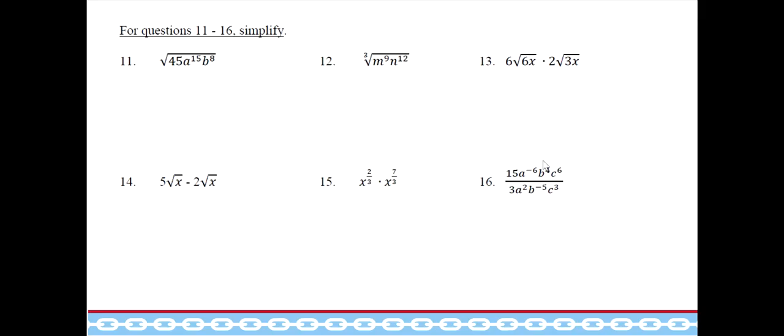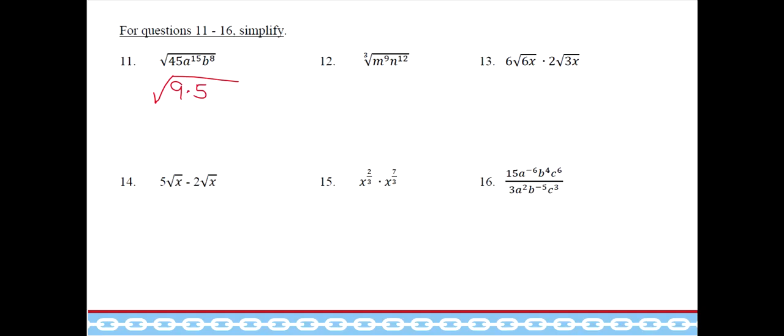For number 11, we need to simplify the square root of 45a to the 15th b to the 8th. So I'm going to start by looking at the square root of 45. Now, 45 is not a perfect square, but if I factor 45 into 9 times 5, 9 is a perfect square.